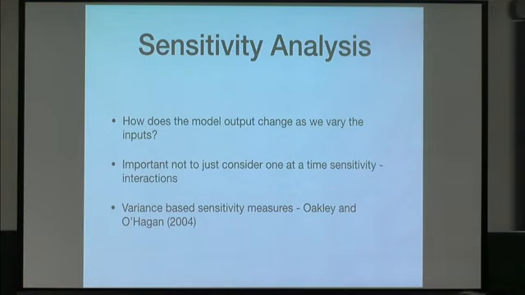And there are what are called variance-based sensitivity measures, and there's a nice paper by Oakley and O'Hagan using emulators to build those sensitivity measures in a similar way to analysis of variance, to look at the one at a time, the main effects, and these interaction terms of how two parameters changing together will change that output. Sensitivity analysis is a great way to learn about your model.